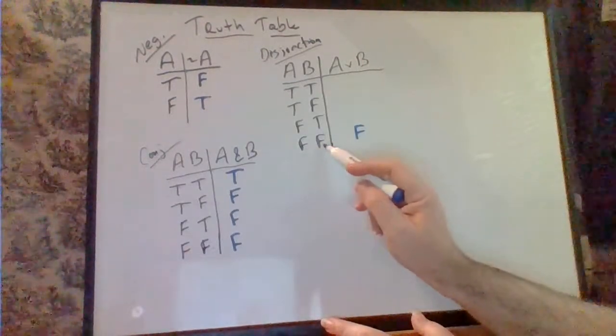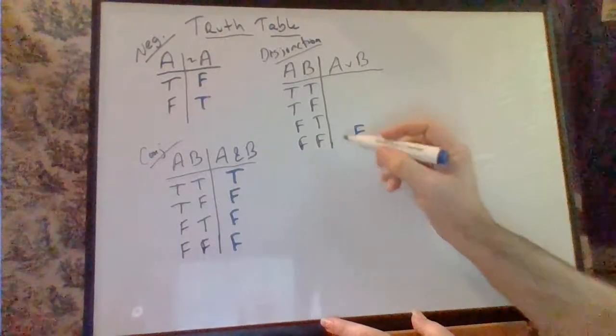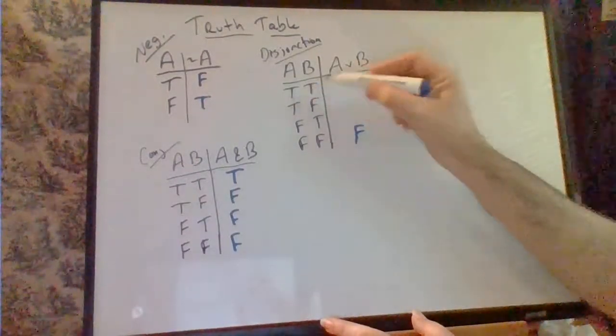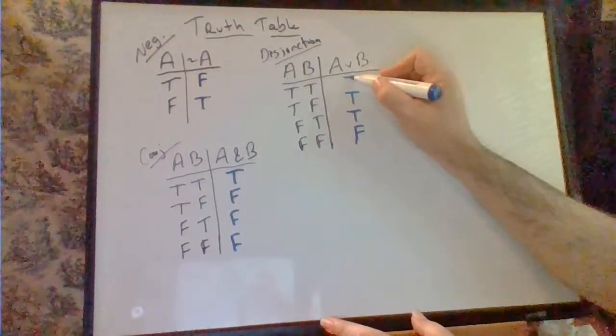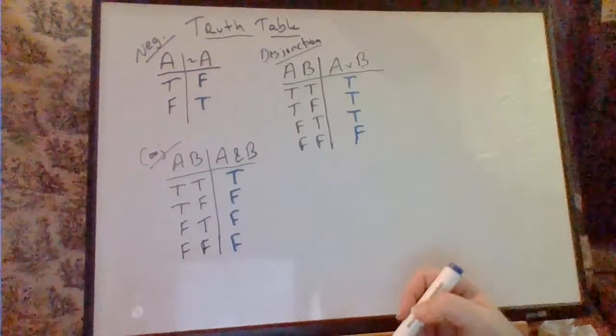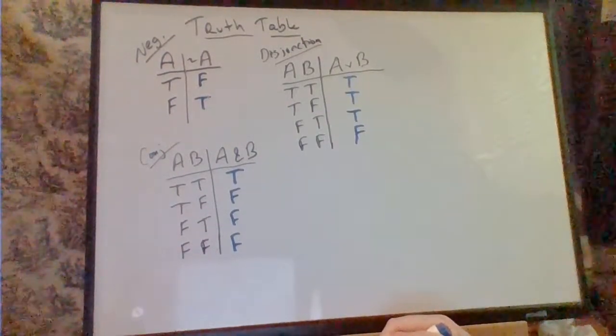If A and B are both false, then the disjunction is false. If there's any part of it that's true, it makes the disjunction true. Okay?